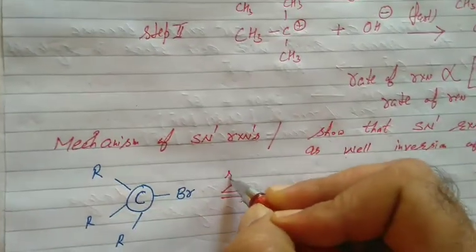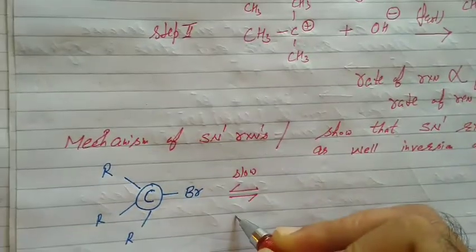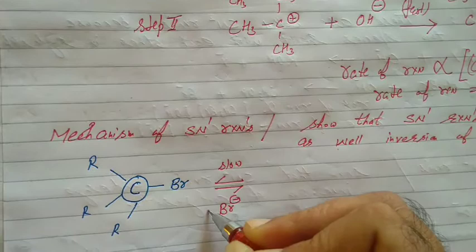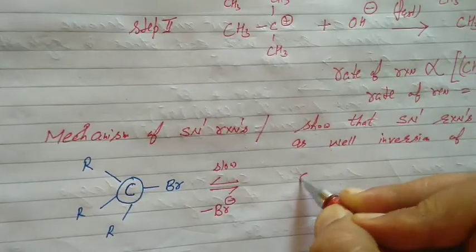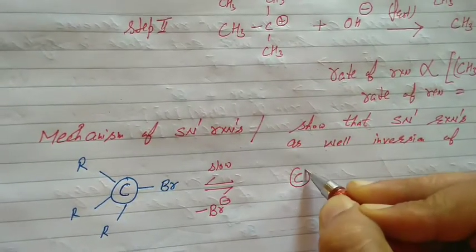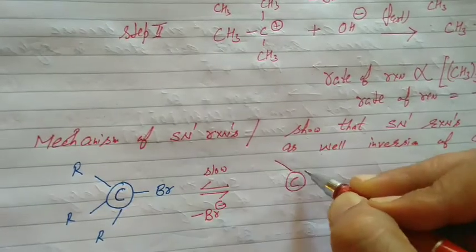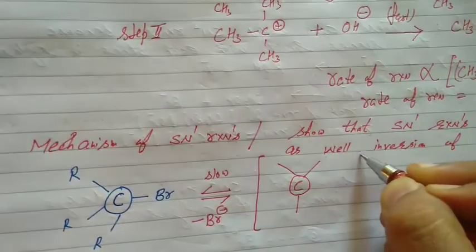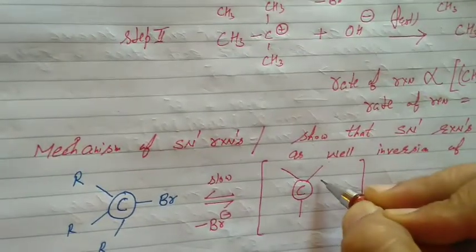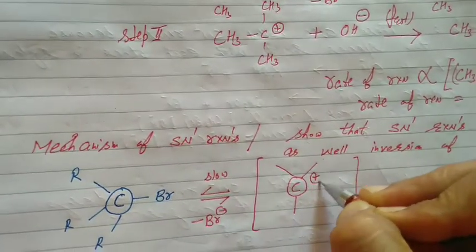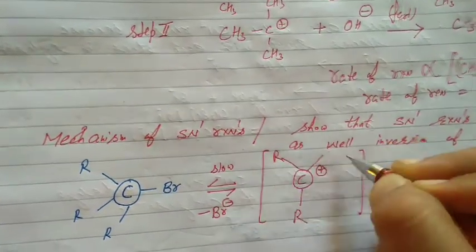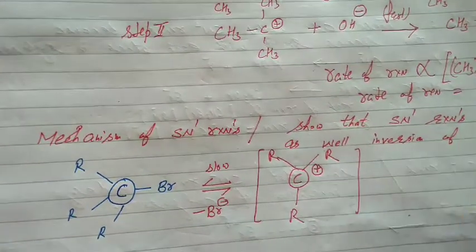In the slow step, the halide ion eliminates and leads to the formation of a carbocation, which we studied. That's the reaction intermediate formed. And there are 3 R, meaning alkyl groups. That's the reaction intermediate.